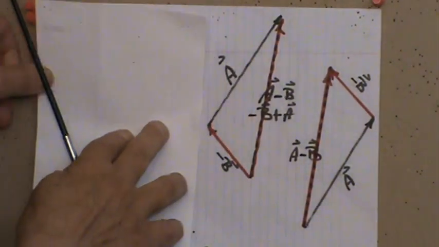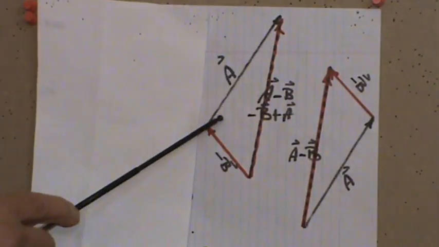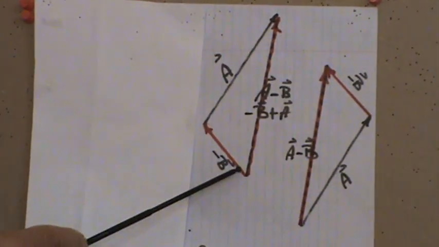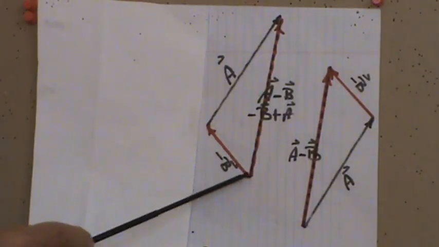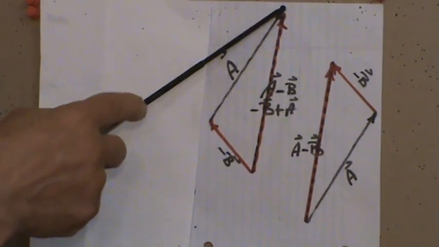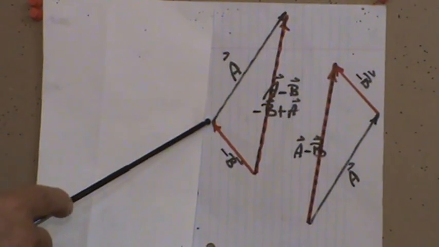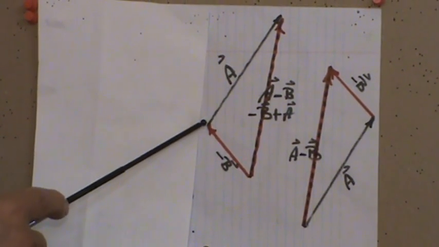And I have it here. So this is my vector A, and that is negative B, B multiplied by negative. Now look what happens. I put the tail of the A to the head of the negative B, excuse me.